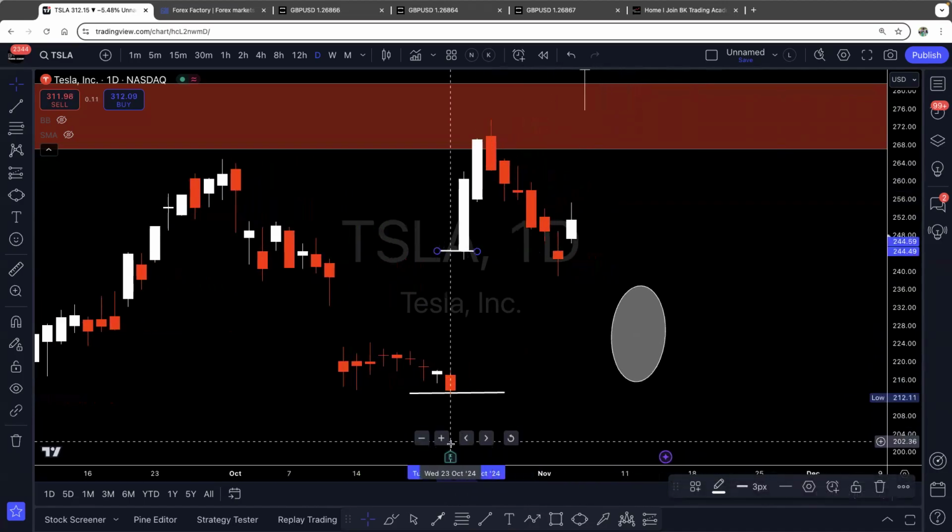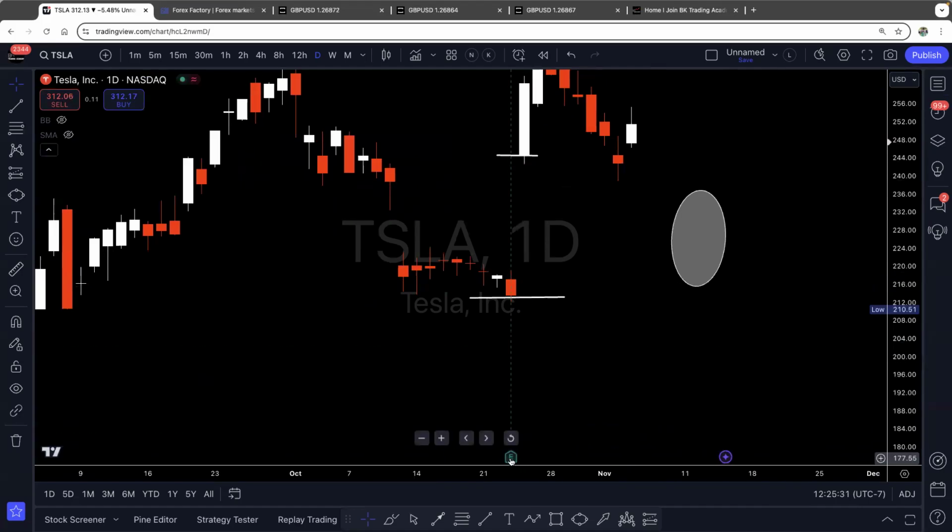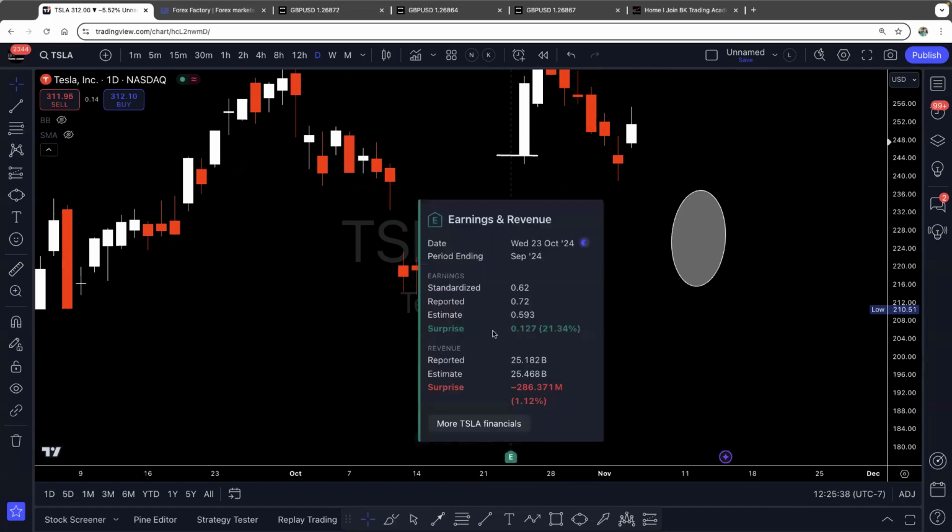And if we look at it, here's that E I told you about, the earnings. You see that it's green? That means Tesla had a positive earnings report. If I click on it, it tells us their earnings was green. The surprise was a 21.334% positive number. So it rose 21.3%.